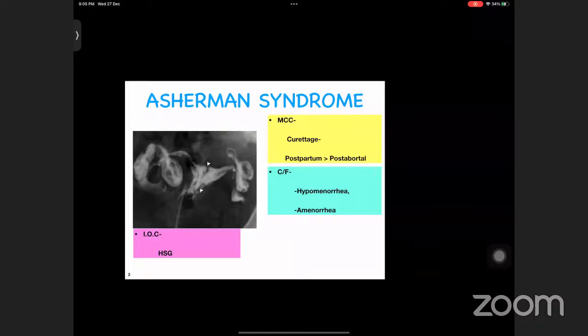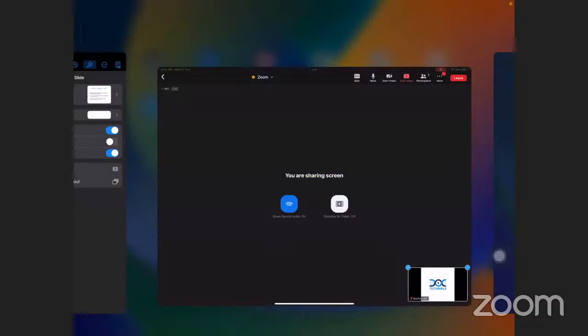I'll be repeating the last part which we discussed once again. Let's start fresh from the first slide. We are discussing Asherman syndrome. In case of Asherman syndrome, there are adhesions between the uterine wall.